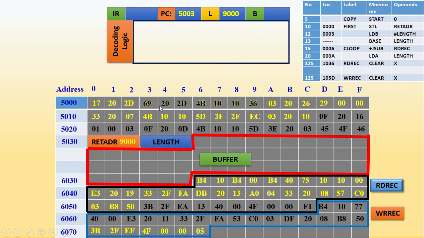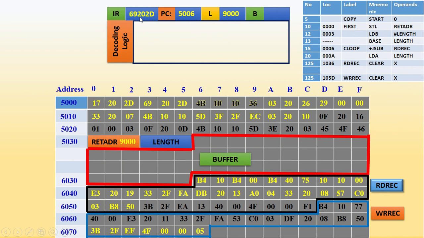So this instruction is read into the instruction register. After reading this, the program counter should hold the address of the next instruction to be executed. If you observe, this is 5000, this is 5006. So that 5006 should be available in the program counter. Now the program counter contains 5006, indicating this is the next instruction to be executed.